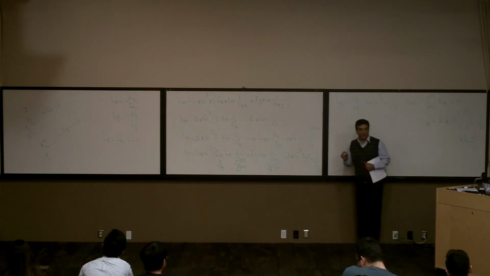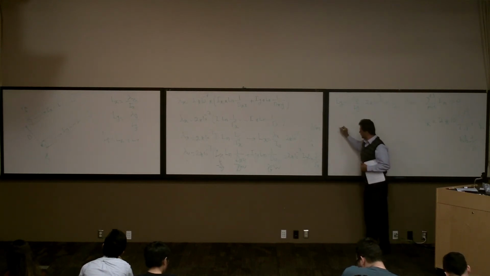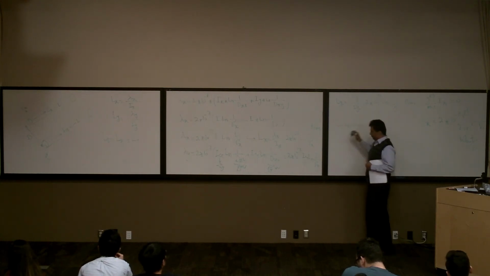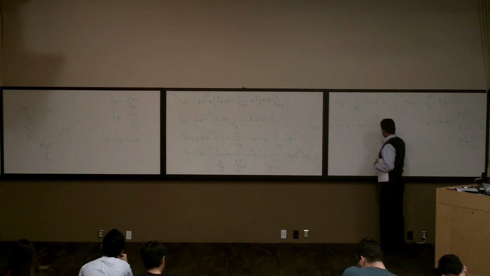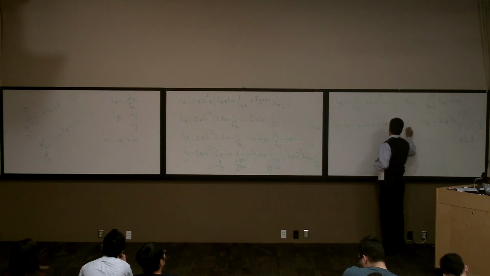How much is the total inductance? LP is Lx plus Ly. It's going to be 2 times 10 to the power of minus 7 times ln of d over r prime x plus ln of d over r prime y.